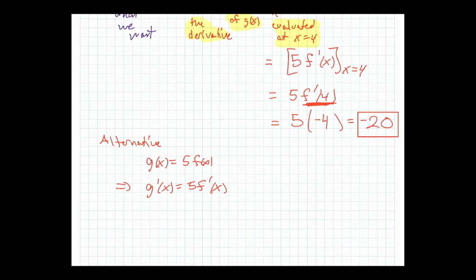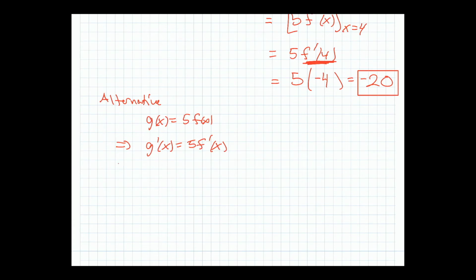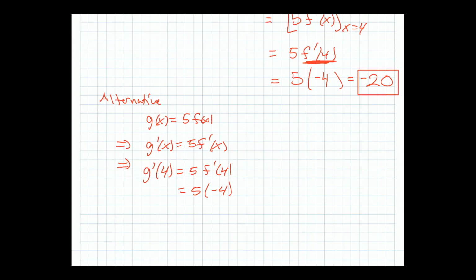That's using the rules without really saying what the rules were. And then they said g prime of 4 is 5f prime of 4, which is 5 times negative 4, because they looked up what f prime of 4 is, remember? This is minus 4. And then 5 times minus 4 is minus 20. So that's how they wrote it.